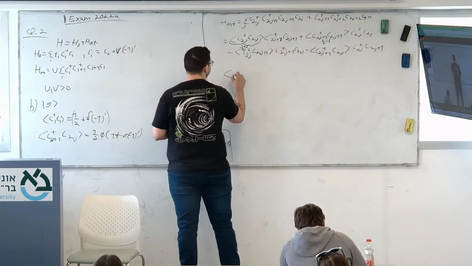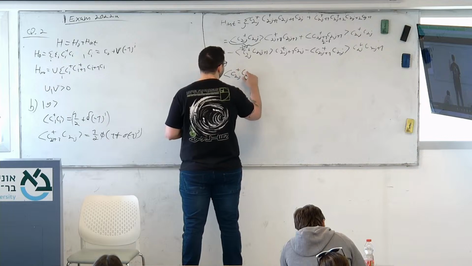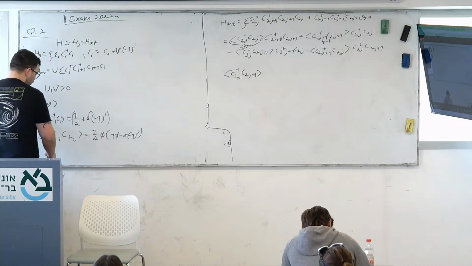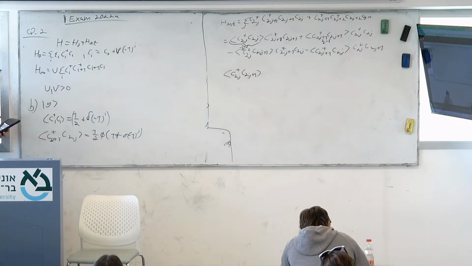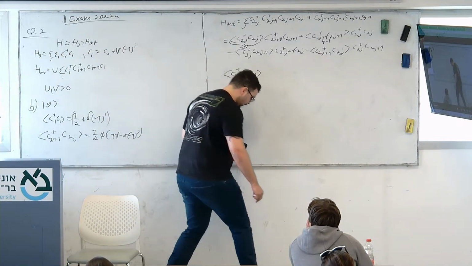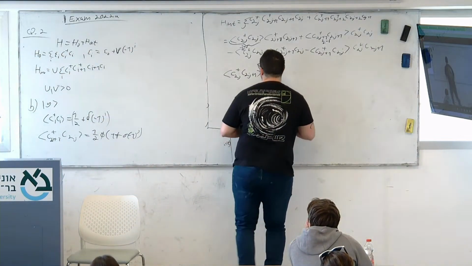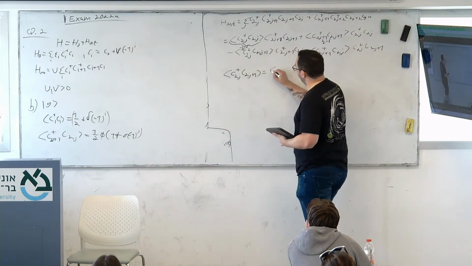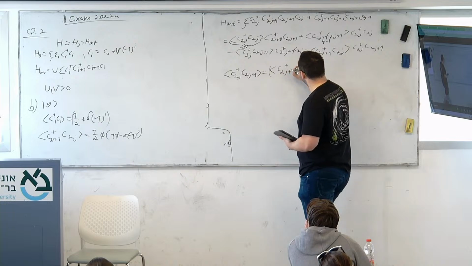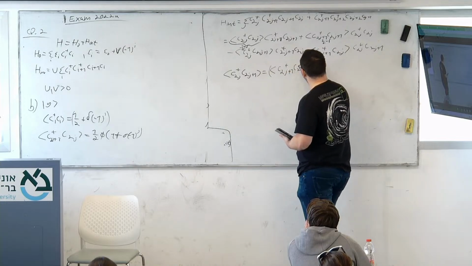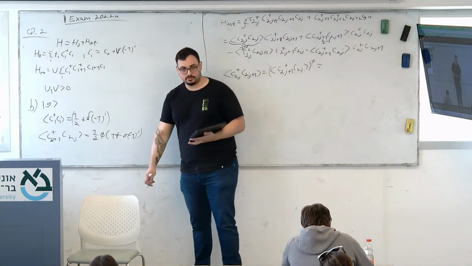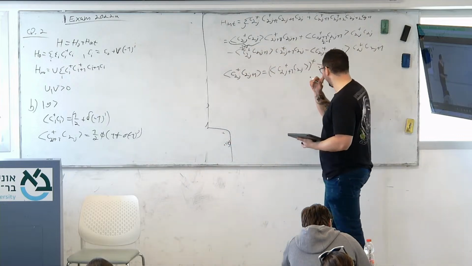And now let's just look at the term C_{2j} dagger C_{j+1}. This one looks similar to this one, but it's the wrong order. But we know that we can take a conjugate out of this term, and suddenly we have the same form, just conjugated.